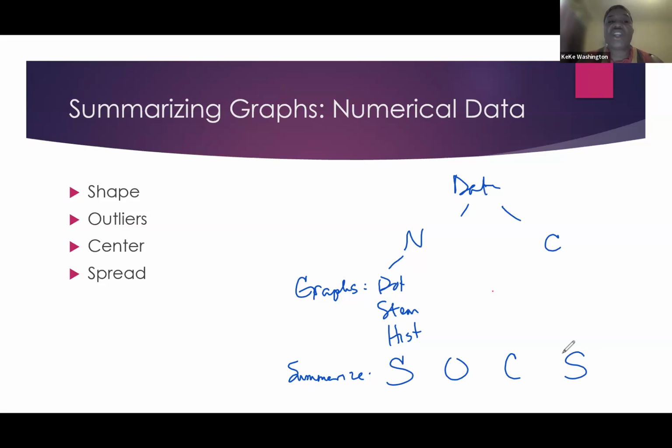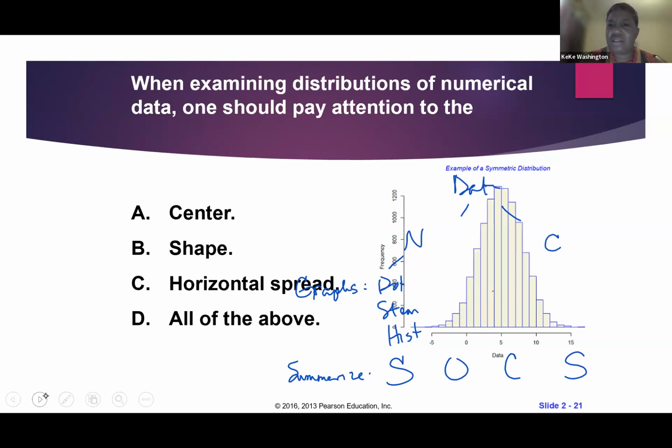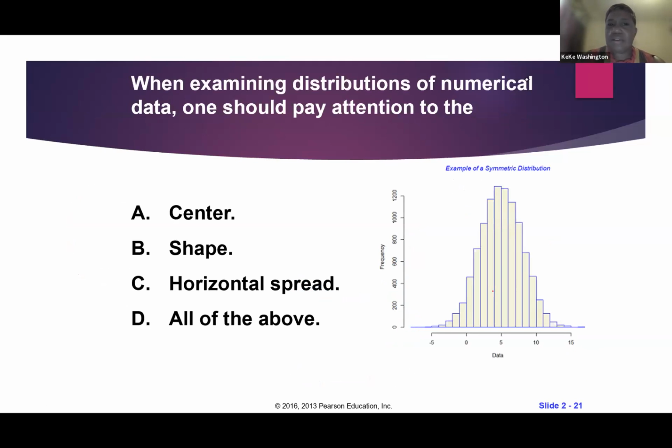When you're dealing with shape, you ask yourself the question, is my data symmetric? If it's symmetric, then my left side and my right side kind of look the same. Okay. Is it skewed? That's all under shape.